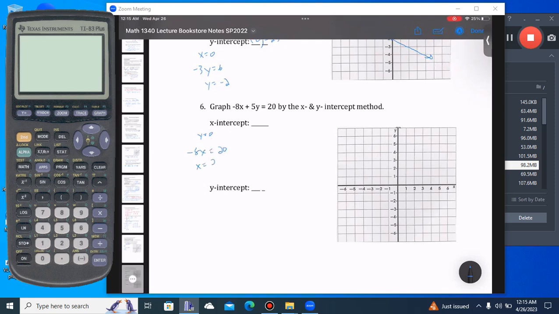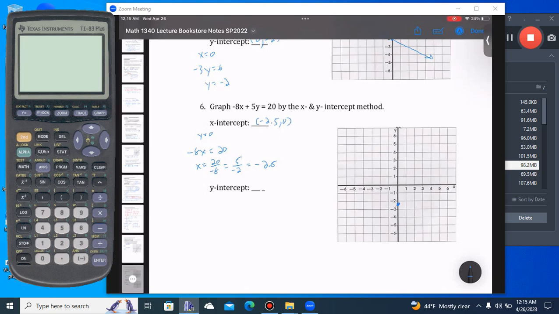So x equals 20 over -8, which reduces to 5 over -2, or -2.5. It's easiest to write as a decimal, because if it's a finite decimal, it's easier to plot. So the x-intercept is (-2.5, 0), right in between -2 and -3.